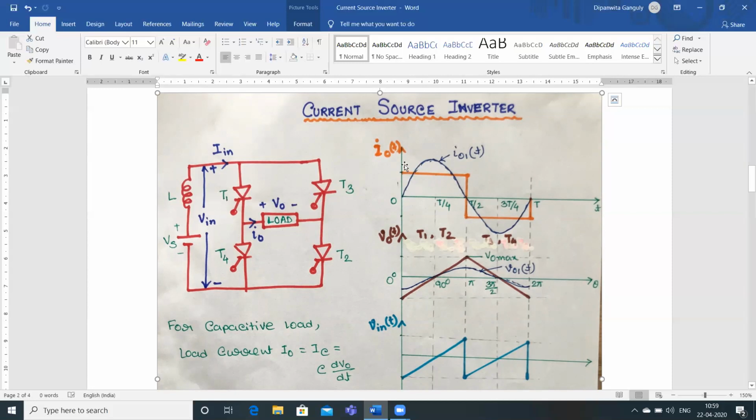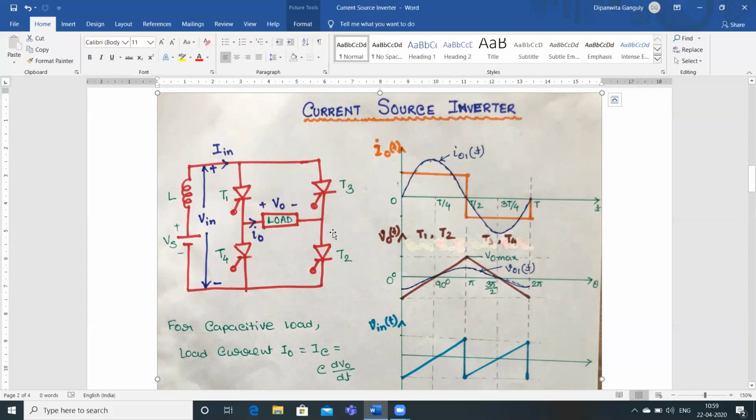And we have seen this is the output current. Why? Because T1 and T2 are one pair of thyristors, and T3 and T4 are the other pair. So for the first half of the cycle, when thyristors T1 and T2 are fired, current will flow through the load in this direction. The arrowhead shows the positive direction of current, and the polarity of voltage V0 shows the positive voltage.